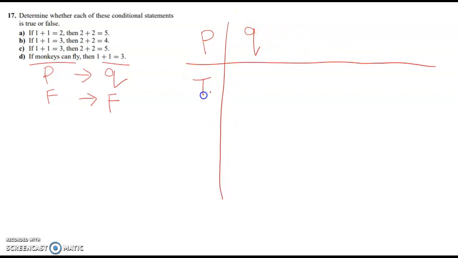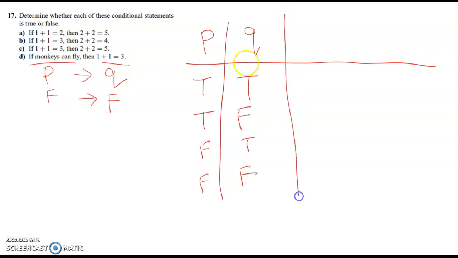So P can be true, and both statements can be true, or one of them can be false. Okay, so with given P and Q statements, let's talk about P. If P, then Q. So if true, then true. So overall, if P and Q are true, then this entire statement is going to be true.